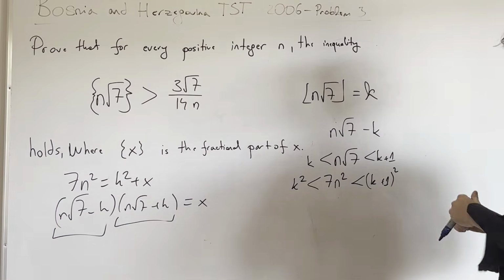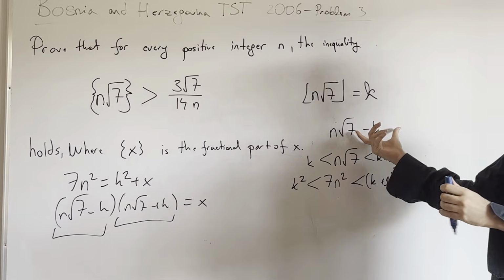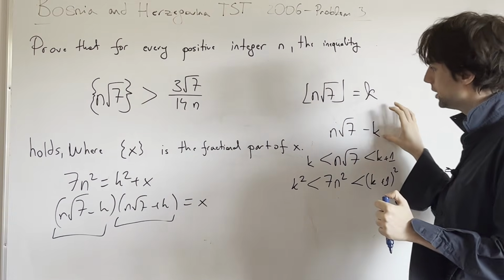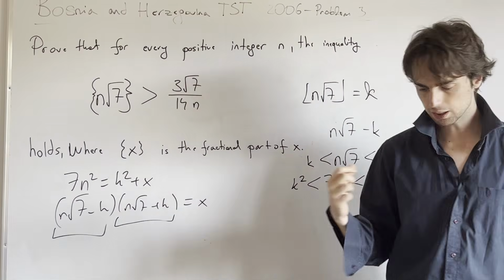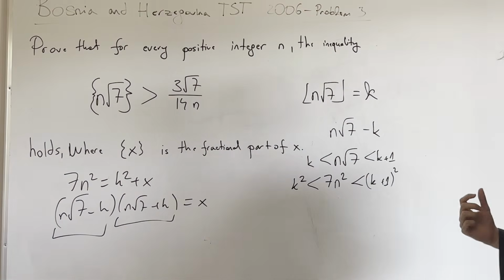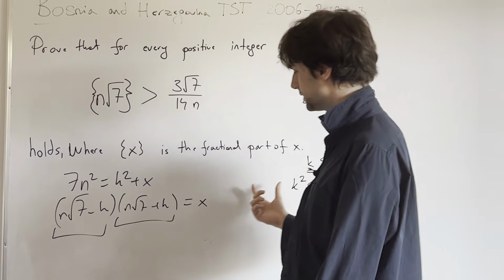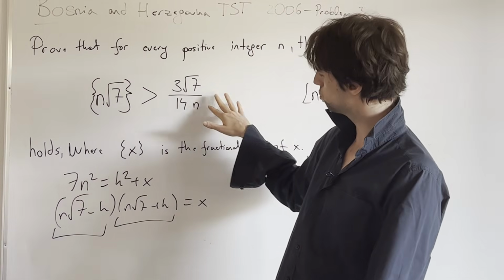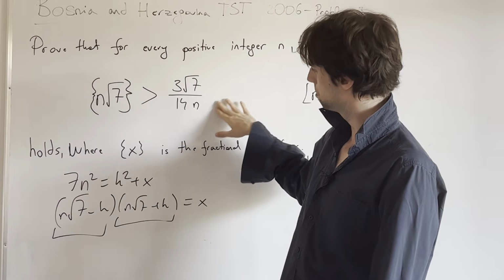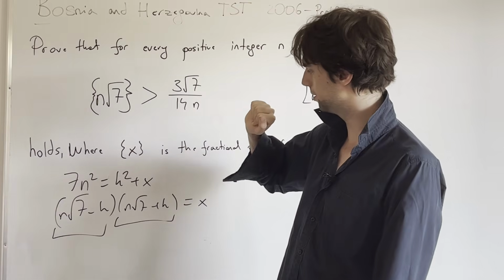We need to find a way to really justify the size of this in terms of n. And if you think about it, for us to do so, we need to justify the size of this thing, which is increasing, and it seems like roughly we'd be able to play with something over here.